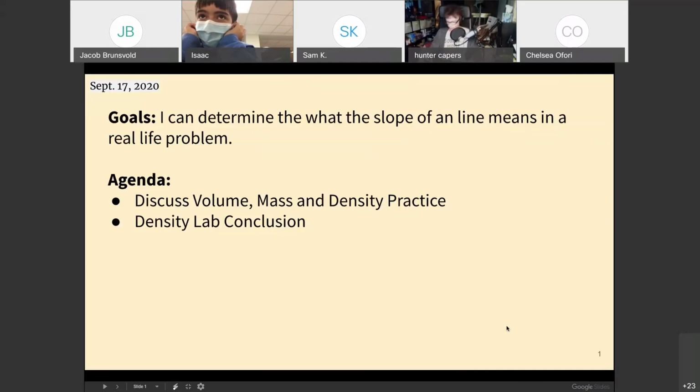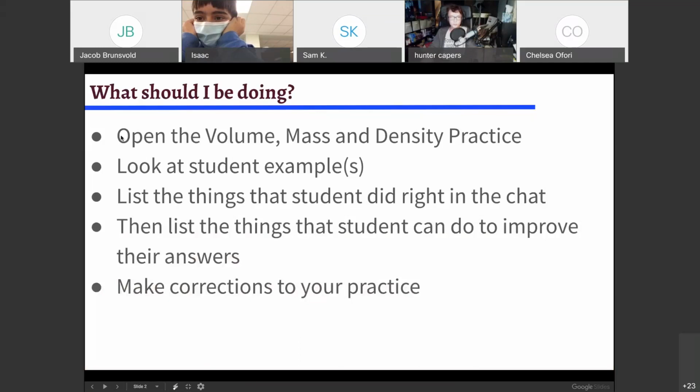Okay, but what's our agenda for today? First thing we're going to do is just discuss that volume, mass, and density practice. And then we're going to do our conclusion for the density lab. So what are we doing right now? Well, you should open up the volume, mass, and density practice.